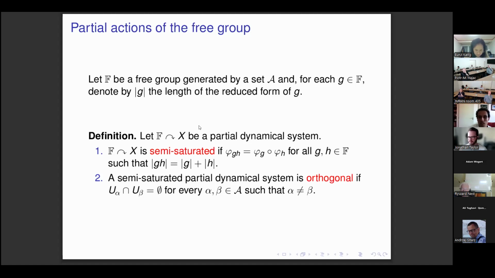But I'm taking an example of the action. Take a graph. Now your space X would be the set of vertices, and generators of F will be edges.